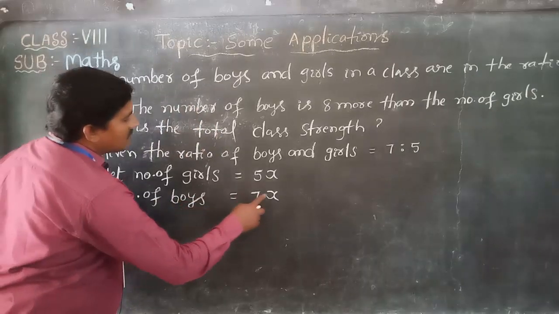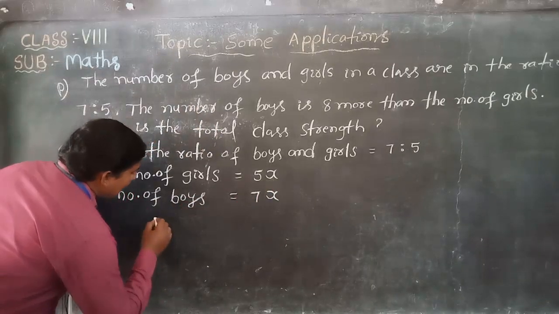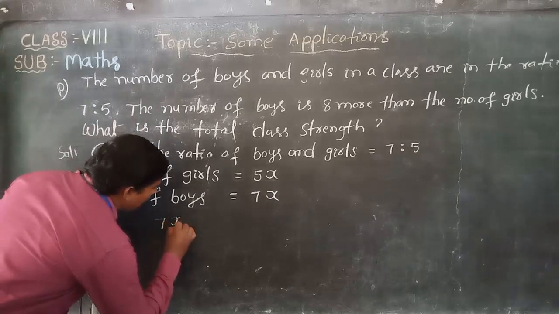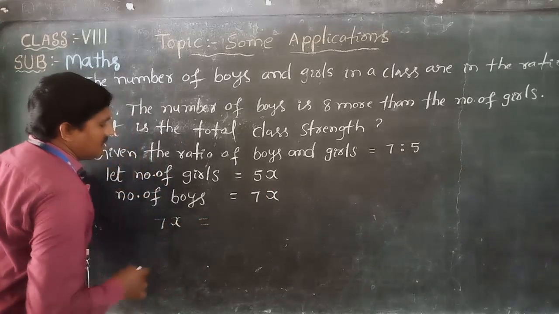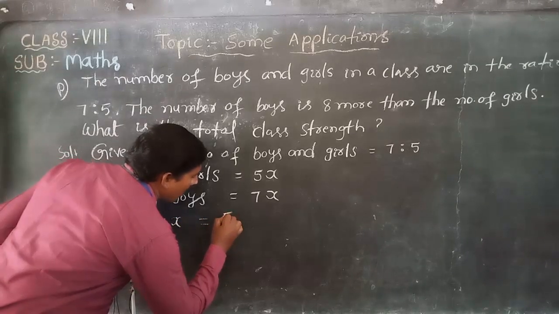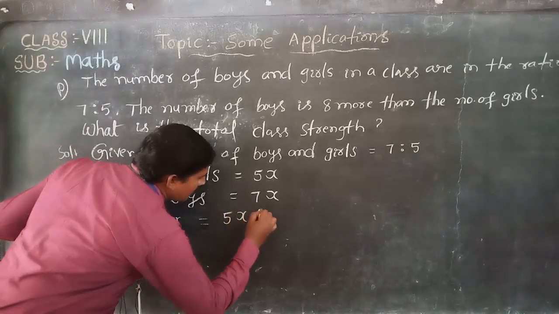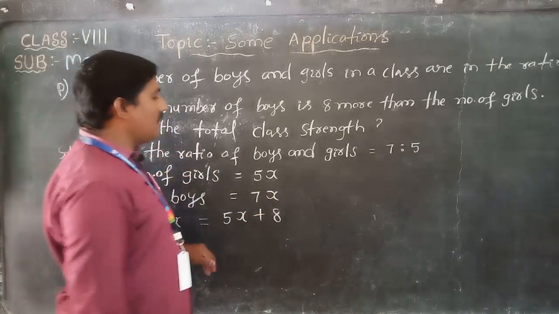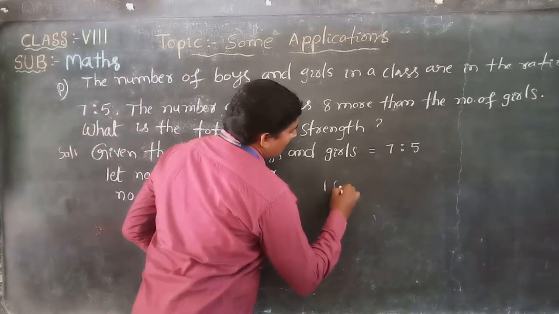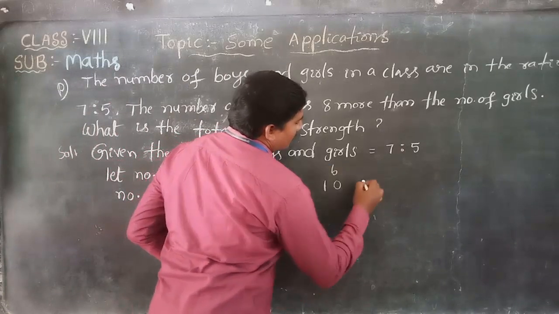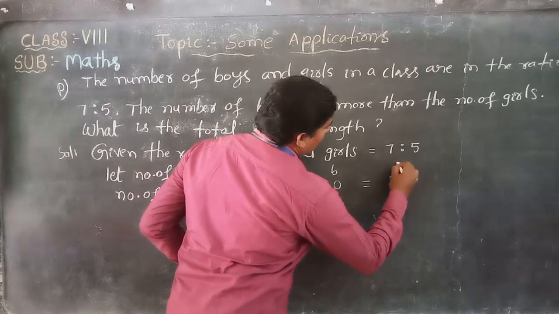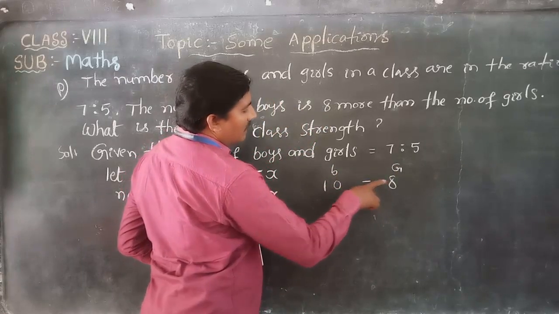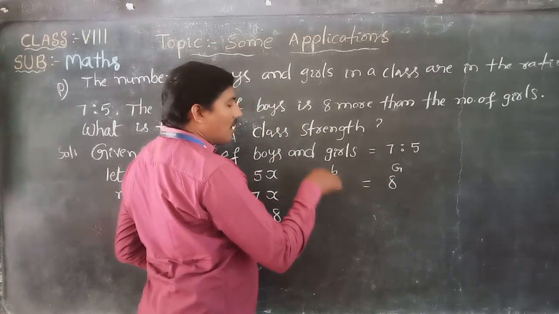Boys is equal to 7x. Okay, what they are saying, see, number of boys 7x is equal to number of girls plus 8. Actually, for example, 10 boys are there, 8 girls are there. Boys how many? 10. Girls how many? 8. So boys 2 more are there.